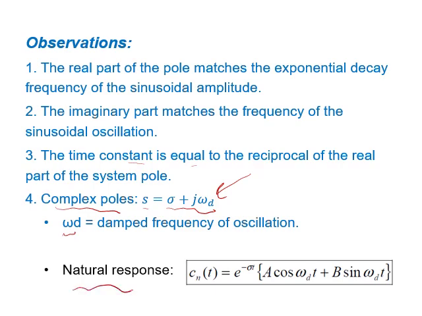The natural response of this kind is always like this: c_n of t equals e to the power of sigma t times A, or K1, depending on the constant, cosine of omega d t plus B sine omega d t.